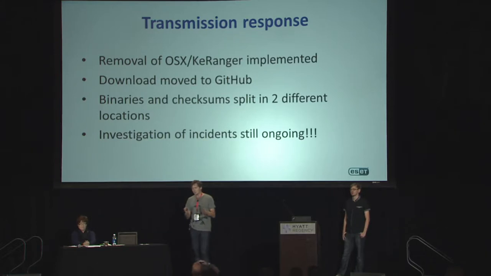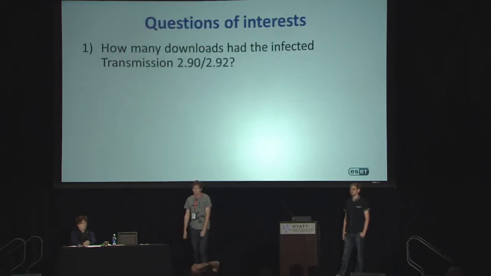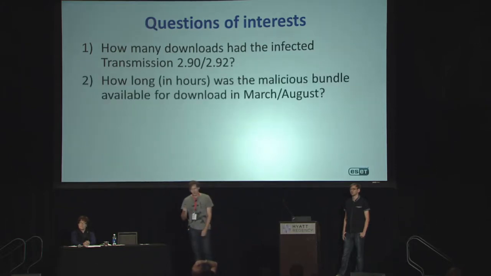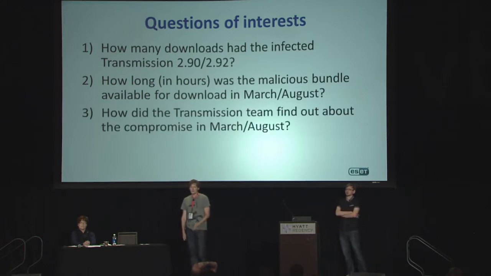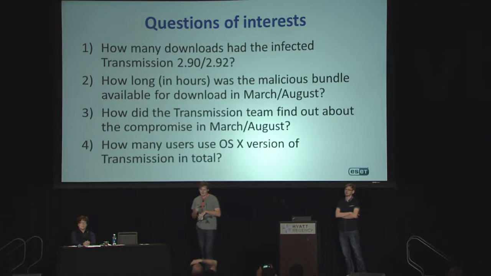But let us summarize the questions that may be of interest. How many downloads had the infected Transmission in both cases? How long in hours was the malicious bundle available for download? How did the Transmission team actually find out about these compromises? And how many users does the OS X version of the Transmission application have in total?